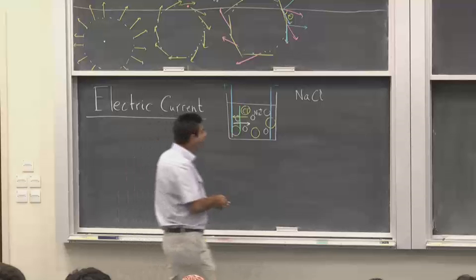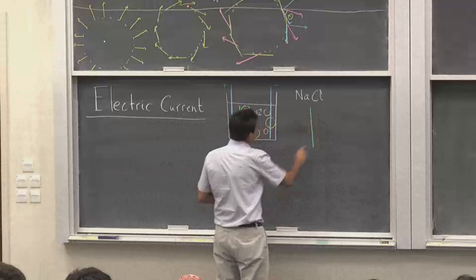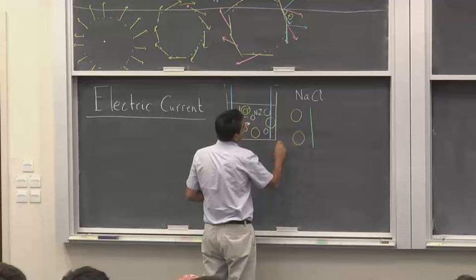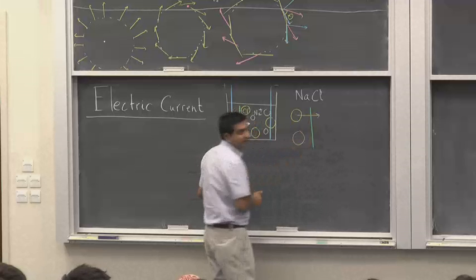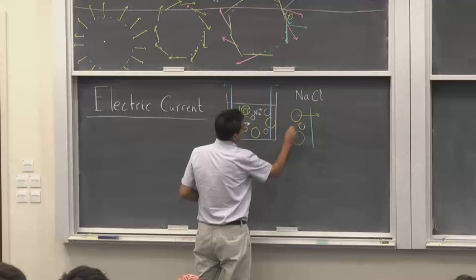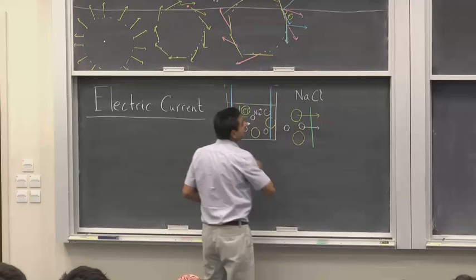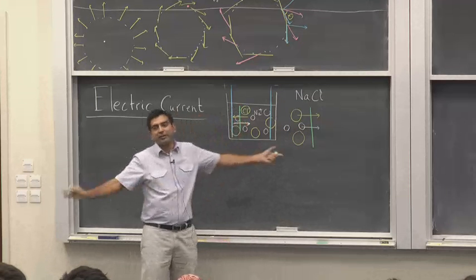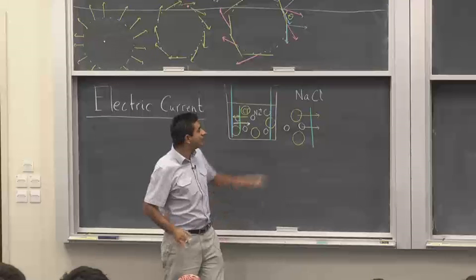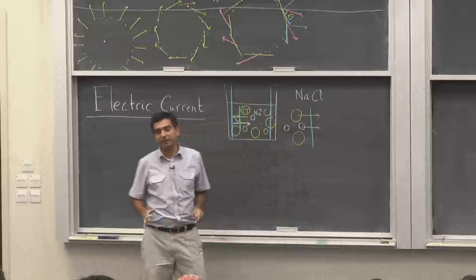However, if we had a situation in which there was a membrane here and negatively charged ions were crossing this membrane at a certain speed, and positively charged ions were also crossing this membrane at the same rate, then no current will be flowing through this circuit, because both positive and negative charges are piercing this membrane.